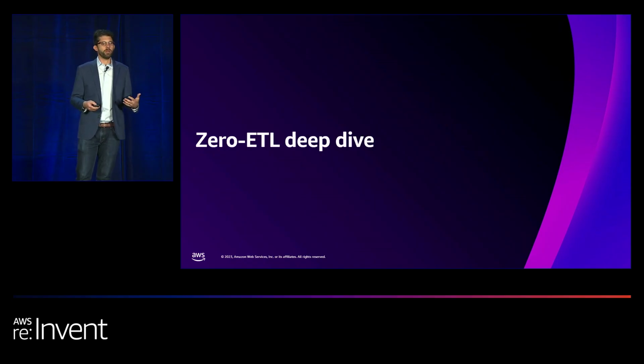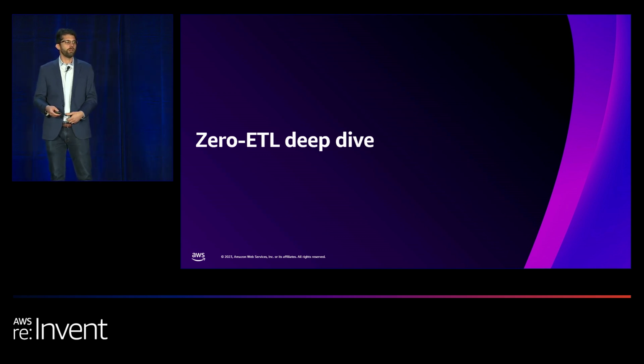So now that we've talked a little bit about, at a high level, the value of getting data into Redshift, the capabilities of Redshift, and a little bit about the capabilities of the Aurora Postgres zero-ETL integration, I wanted to dive in a bit and look at some specifics. What does it take to set up an integration?